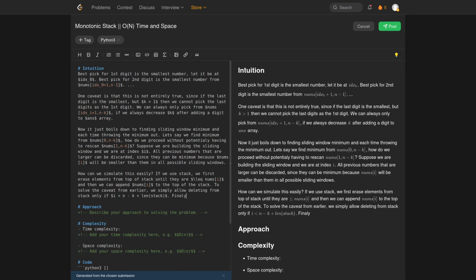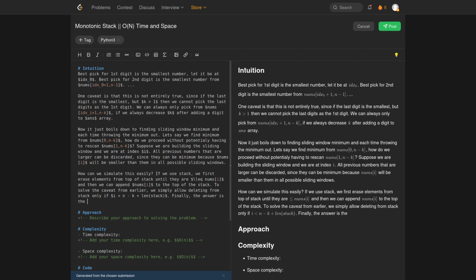Finally, the answer is the bottom k digits of the stack, in reverse order from the top of the stack.